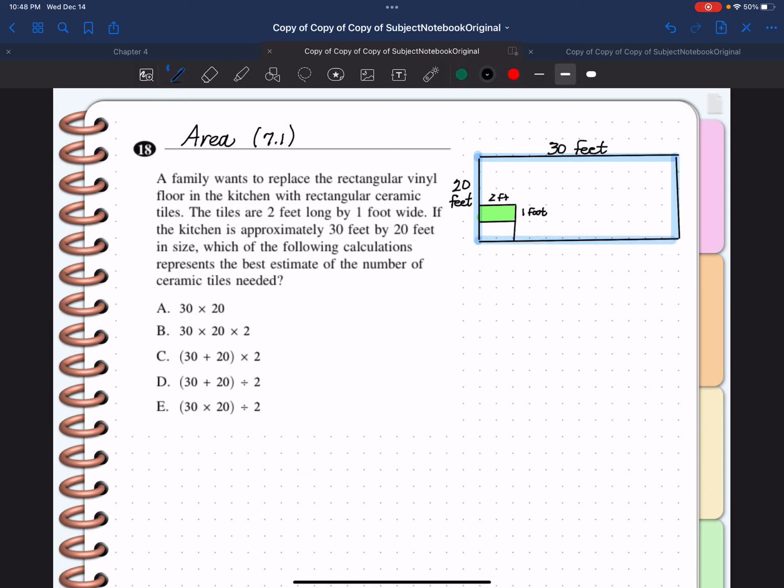I need to get the area of the floor, and area for a rectangle is length times width. So that's going to be 30 by 20, and that is 600 square feet.